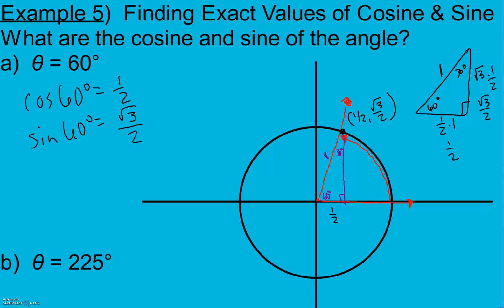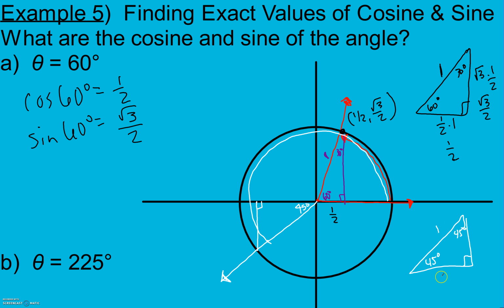Okay, 225 degrees. 90, 180 cuts it right in half here. Okay, we have a 45 degree triangle. In a 45, 45, 90 triangle, our side lengths are always square root of 2 over 2 times our hypotenuse.